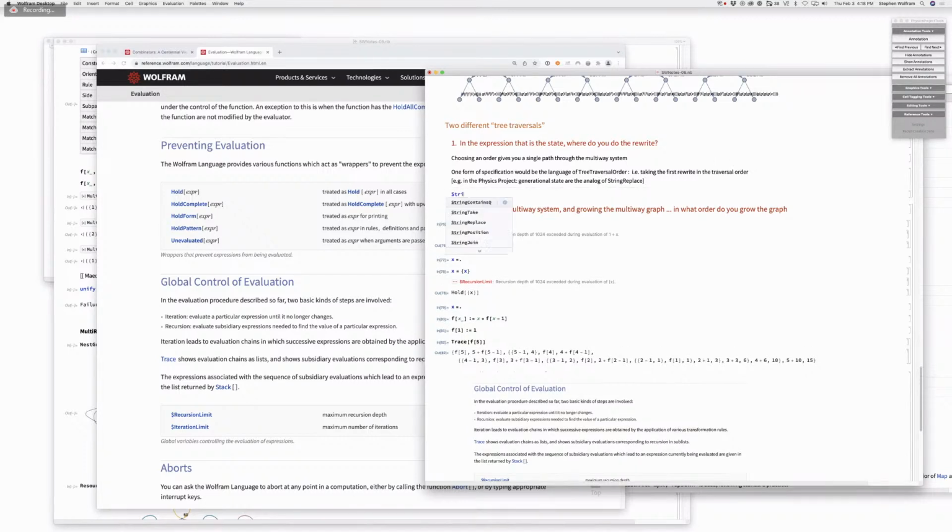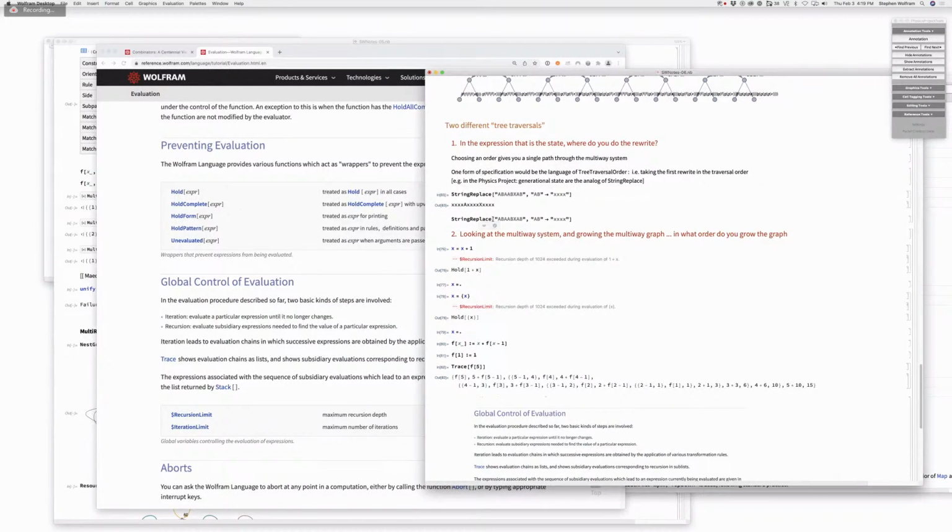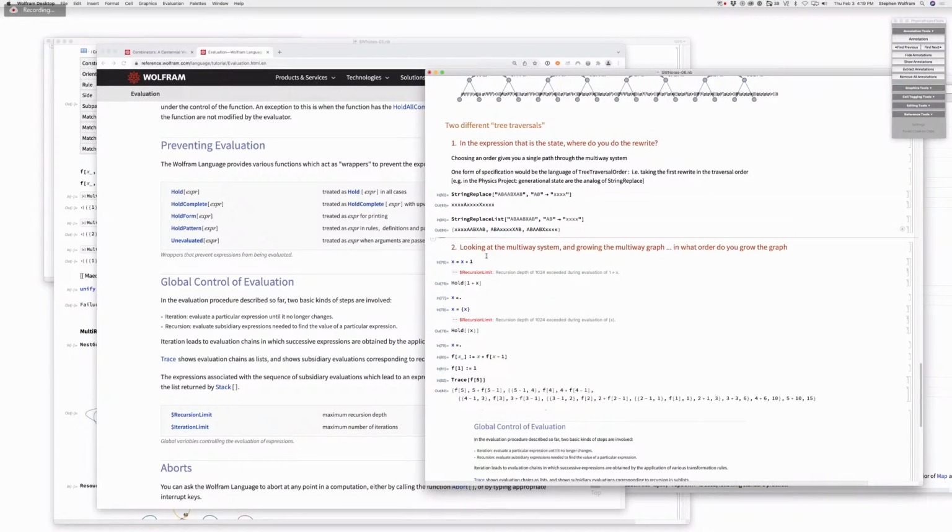If I do string replace here, and I say I've got A, B, B, X, A, B, and I say AB goes to XXX or something, notice it did that 3 times. It is not obvious that it would do that 3 times. What it is doing is trying to fit in, so there I can do that and I'll see all of those.